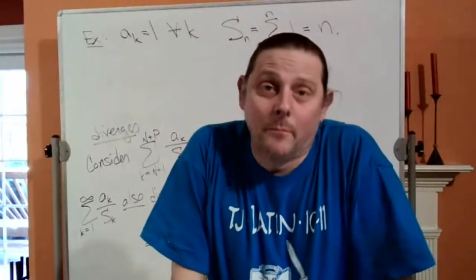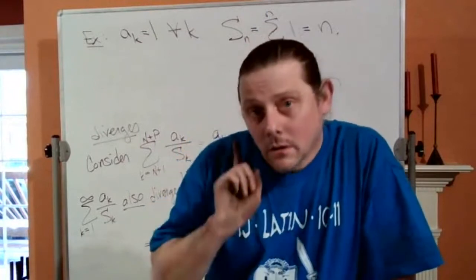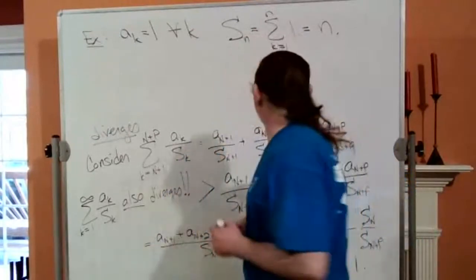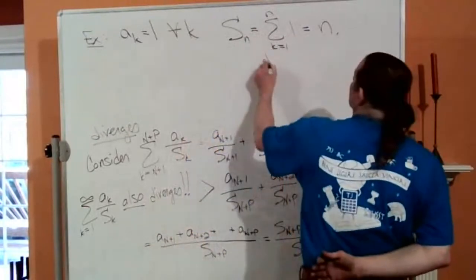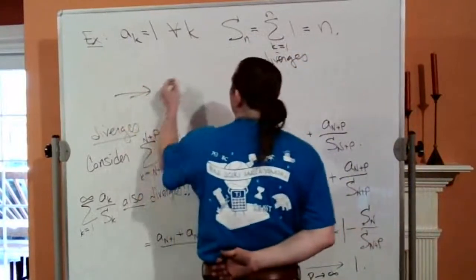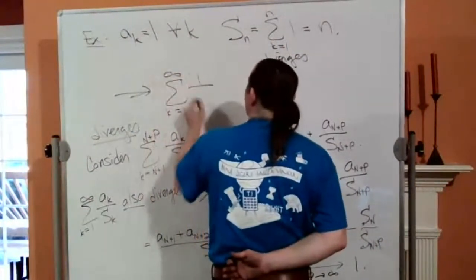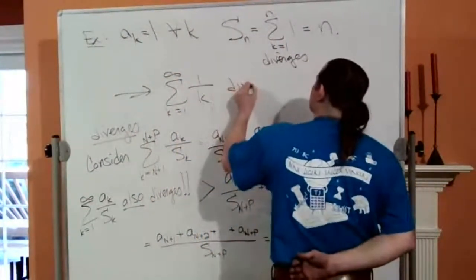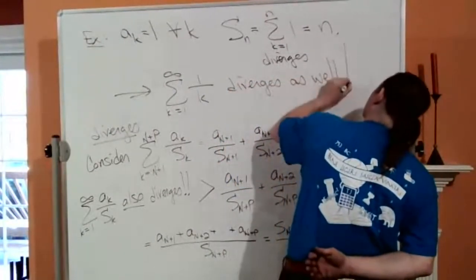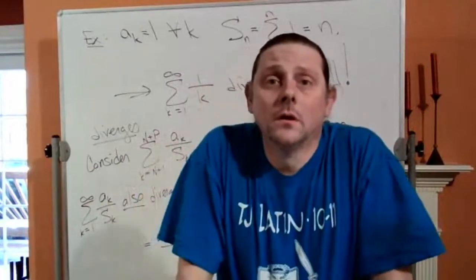All right, if you just keep on adding up 1, you're going to get a divergent series. So now what we just showed implies that the harmonic series diverges.